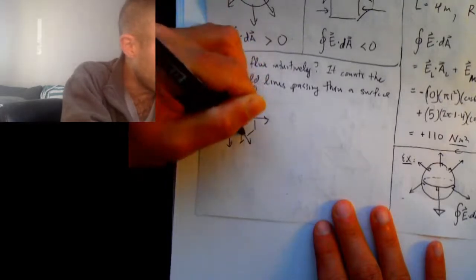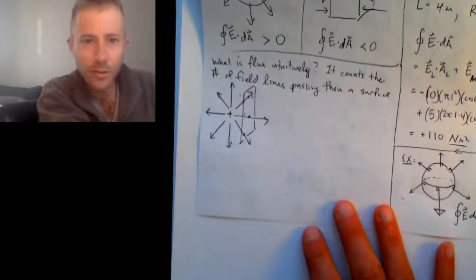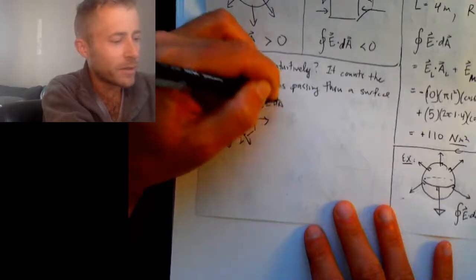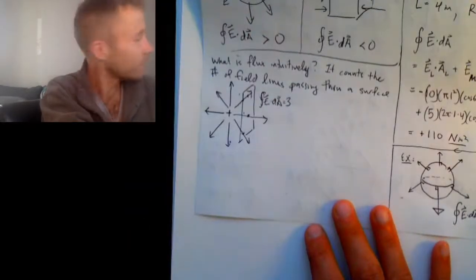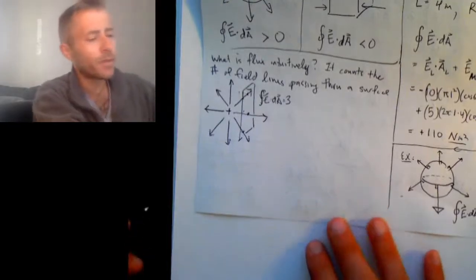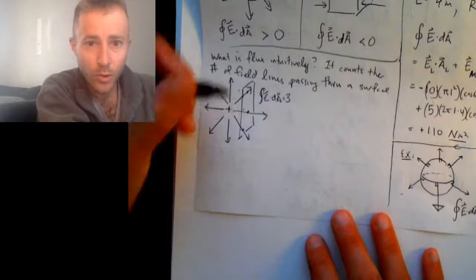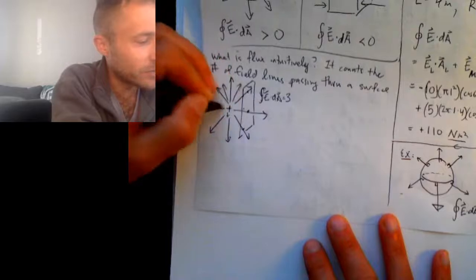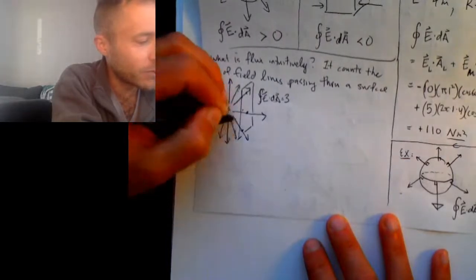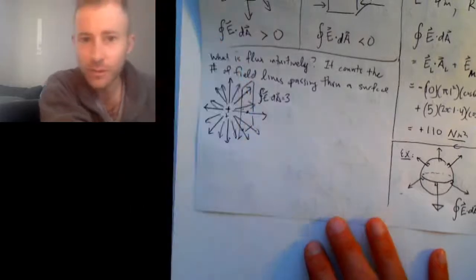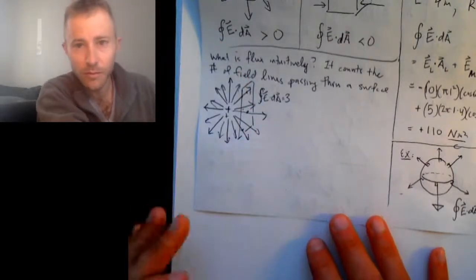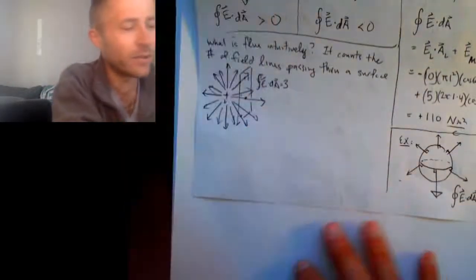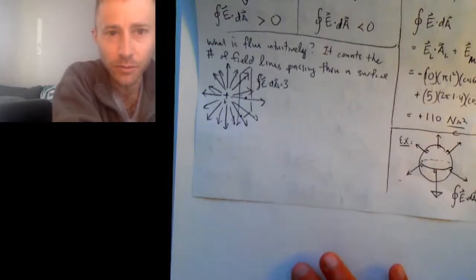So 3 electric field lines are puncturing that surface. So I would say that the integral of E dot dA is 3. Okay. If you had more charge, like maybe you put 2 charges, so that's going to have twice as many lines. So we're going to have twice as many lines puncturing the surface. You get what I'm saying? And that's going to change the value of the flux. Okay? So intuitively, it's counting the number of field lines passing through a surface.